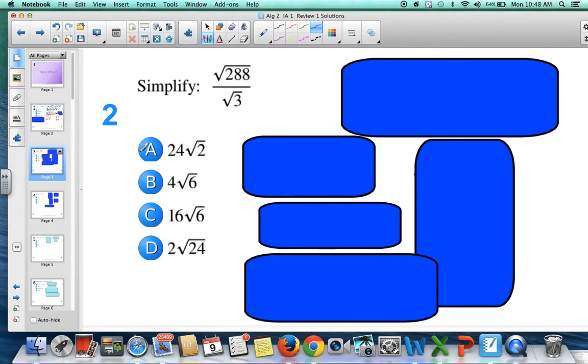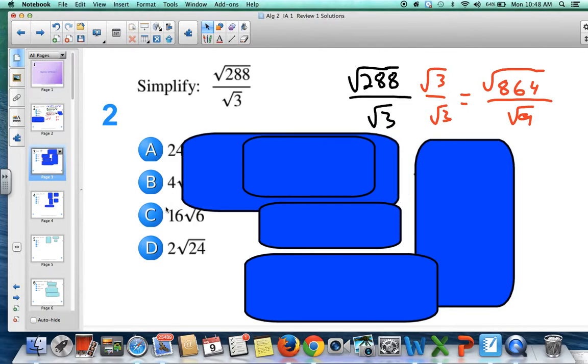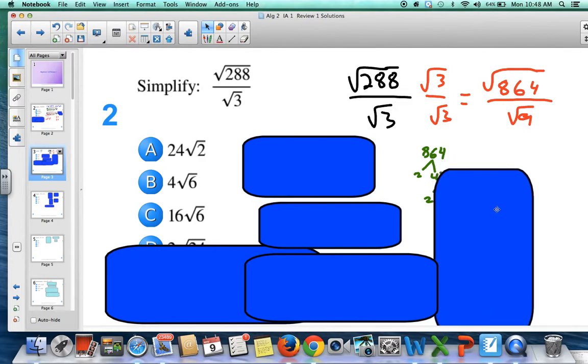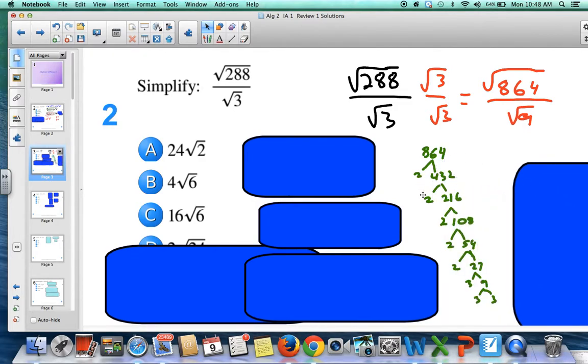Problem two, there's a couple of ways to do this. This is the first way we learned to do this. We can't have a square root on the bottom of a fraction, so we multiply square root of 3 over square root of 3, and we get this mess right here. So now I have the square root of 864. So 864 breaks down to be a big mess, 2 times 2 times 2 times 2 times 2 times 3, all that kind of stuff.